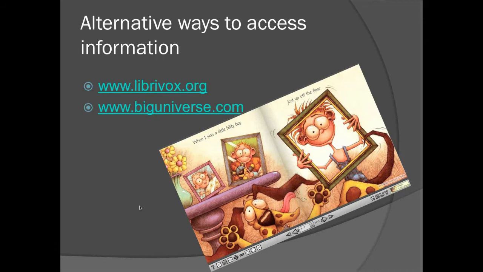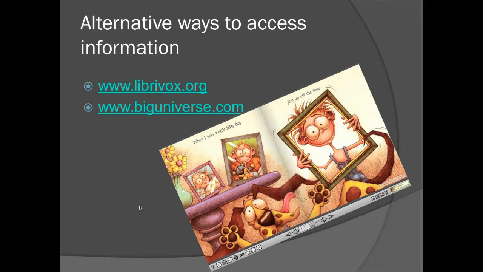The other one, LibriVox.org, is a wonderful resource for all different kinds of stories, narratives and nonfiction text. They don't actually show the book, but it's a recording of the book that you can, again for free, click on and listen to someone telling an Aesop story, or it could be an Edgar Allan Poe poem.